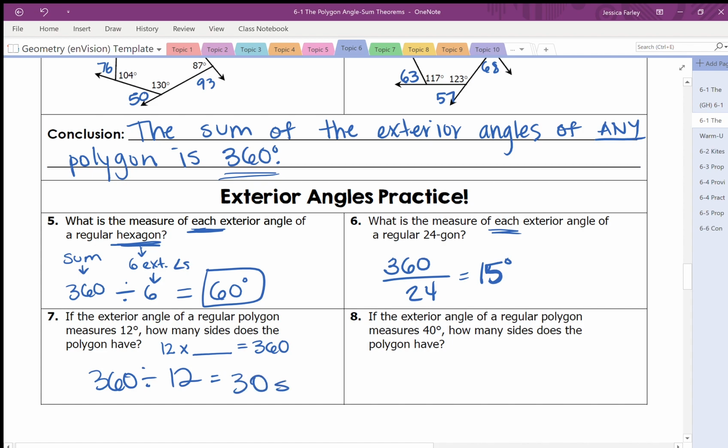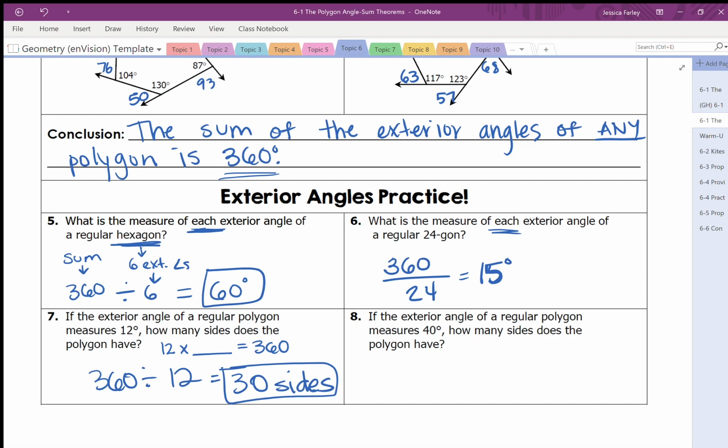So 30 sides. So whether you're finding the measure of one exterior angle or the number of sides, you're going to divide. If you think about it, 30 times 12 is 360, so you can use those interchangeably in your division. You can switch depending on which one you need to find.